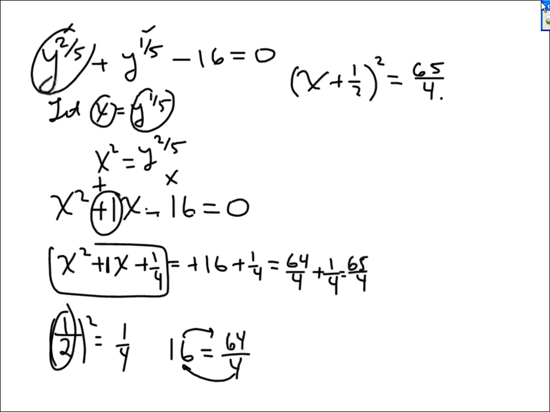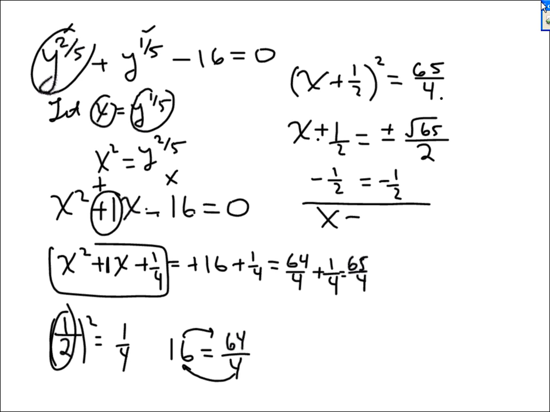So then x plus 1 half is equal to plus or minus the square root of 65 over the square root of 4. So I take away a half from both sides. And I get x is equal to negative a half plus the square root of 65 over 2, or minus it. It's just shorthand notation for two different numbers.